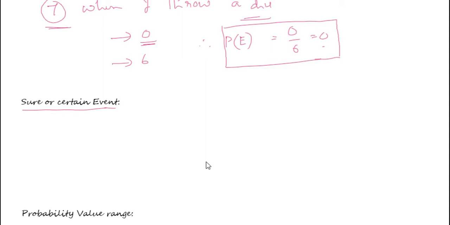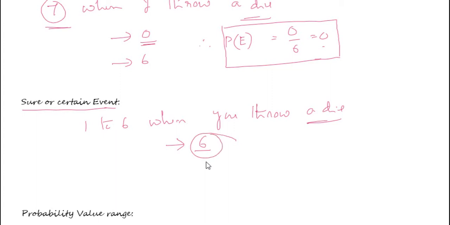Now sure or certain event. We will take the same example of throwing a die. Now what is the probability of getting a number 1 to 6 when you throw a die? In this case, the favorable outcomes are 6. That is, if 1 comes up, or 2, 3, 4, 5, 6, any one of these comes up, that is favorable.